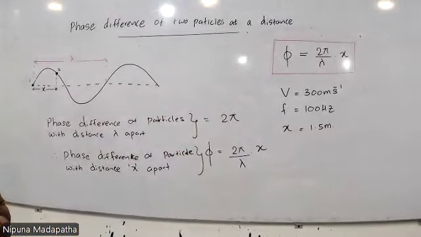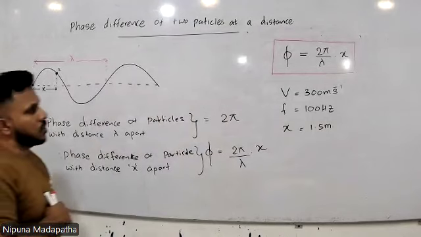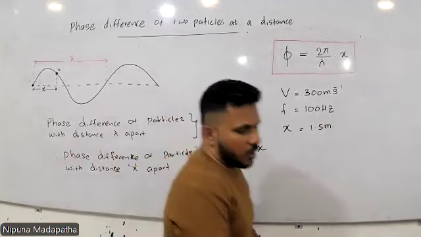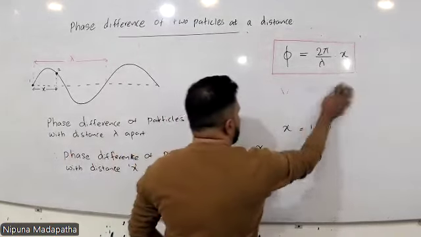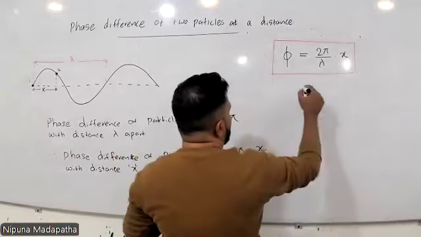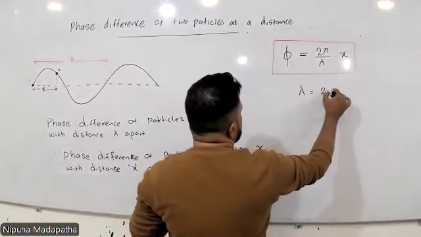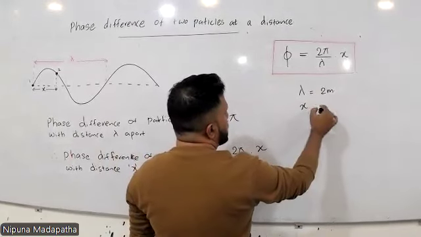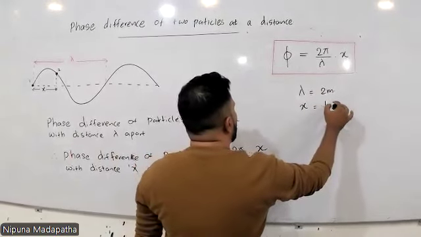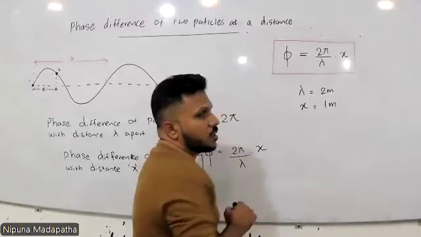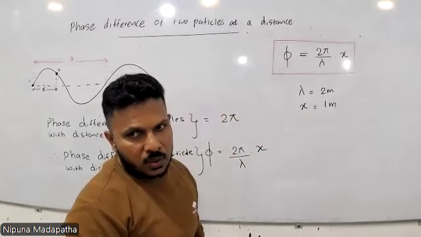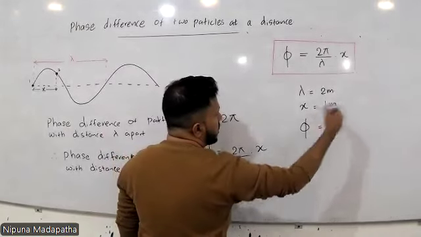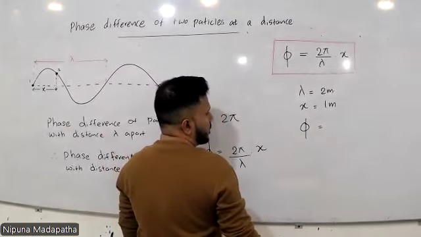Before that, a simpler question: the wavelength of a wave is 2 meters. What is the phase difference of two particles with a separation of 1 meter?